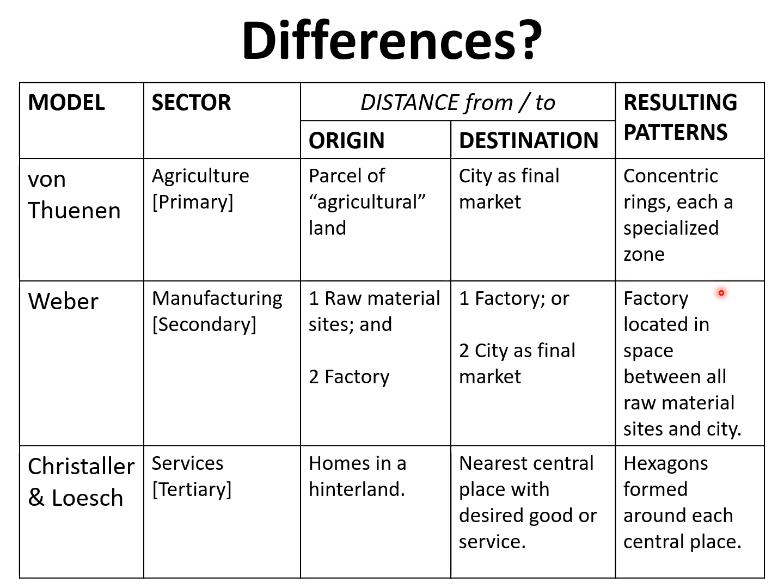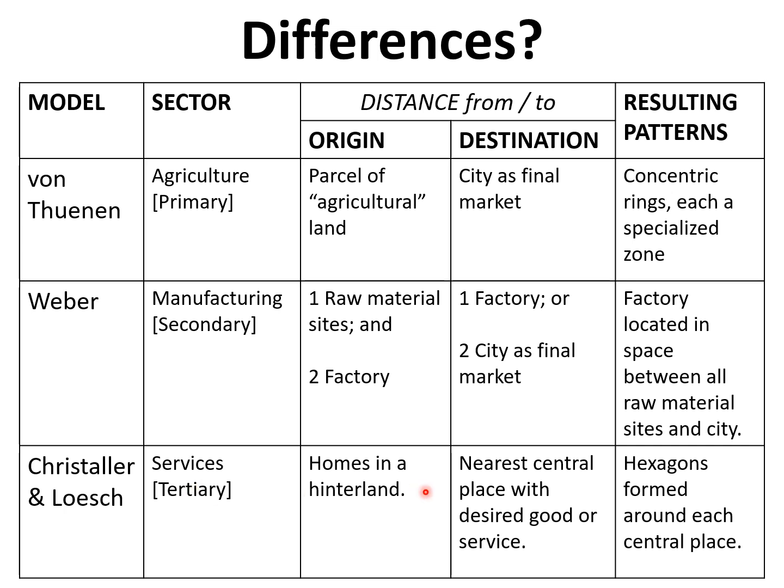But the resulting pattern with Weber is that you figure out what all your raw materials are, and then where's the final market for whatever your factory is going to produce. And your factory is going to go somewhere, whatever weird shape is defined by those points.